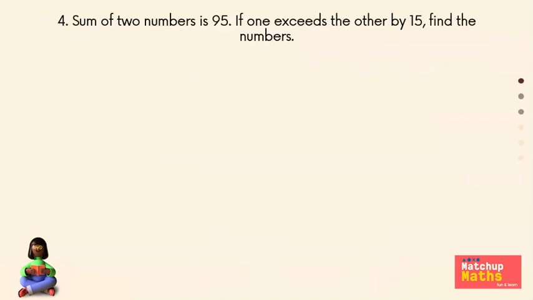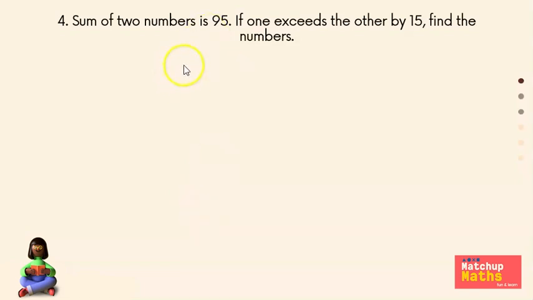Now the fourth question is, sum of two numbers is 95. If one exceeds the other by 15, find the numbers. Here we don't know the two numbers, but we are given that if one number is x, the other number will be x plus 15.